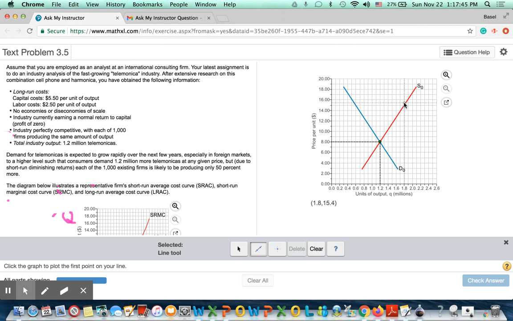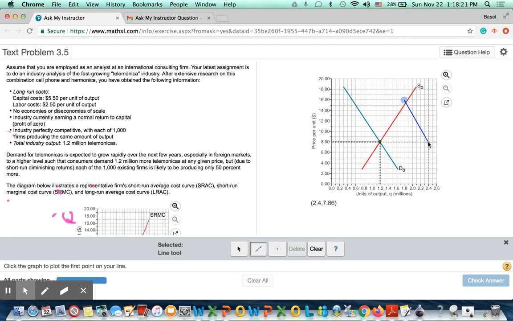And then we connect them. So at this price, 16, quantity demanded is 1.8, and at 8, at the initial equilibrium price, quantity demanded is 2.4.